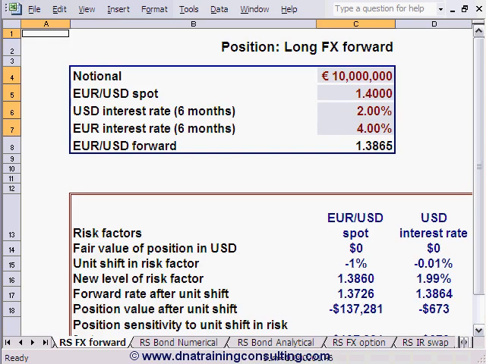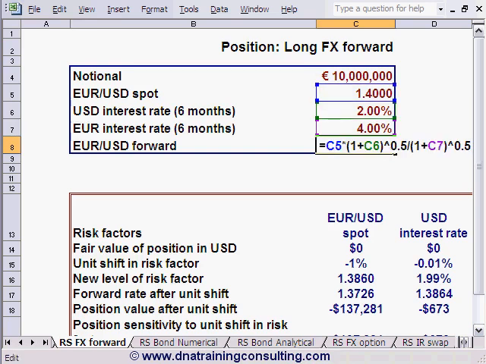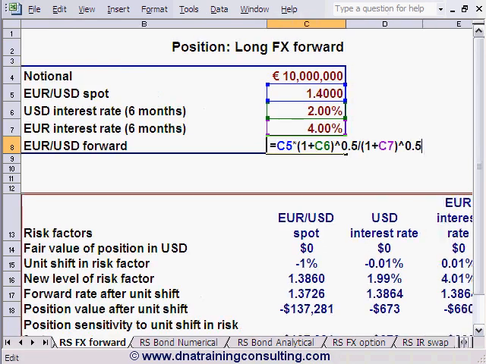We have next programmed in cell C8 the familiar formula for an FX forward that is derived from the FX spot rate and the term and base currency interest rates, revealing a euro-dollar 6-month forward rate of 1.3865.